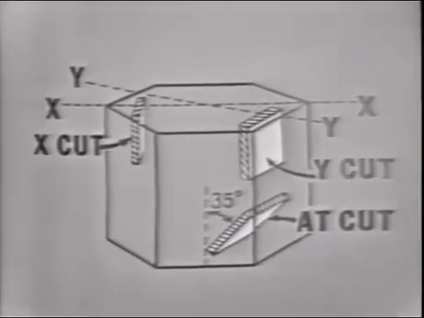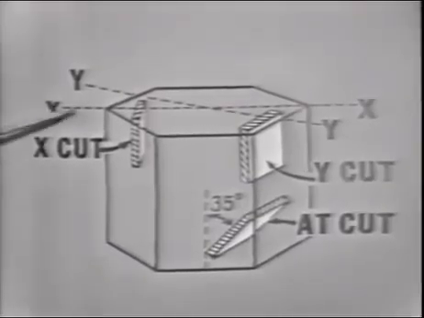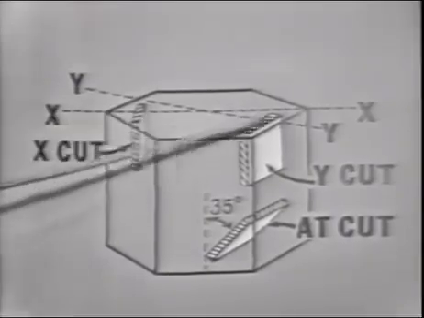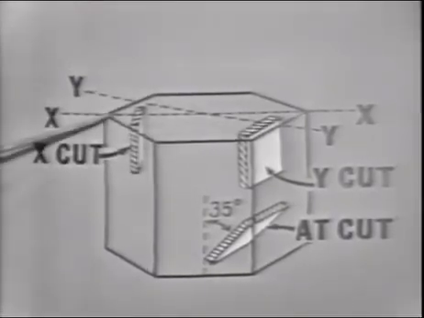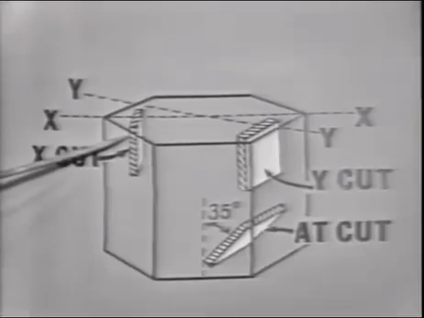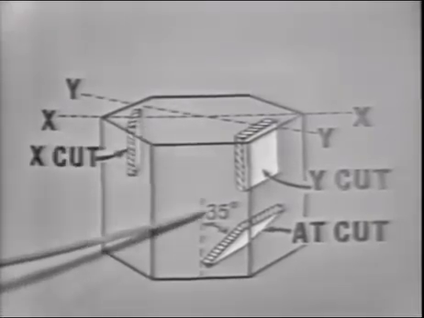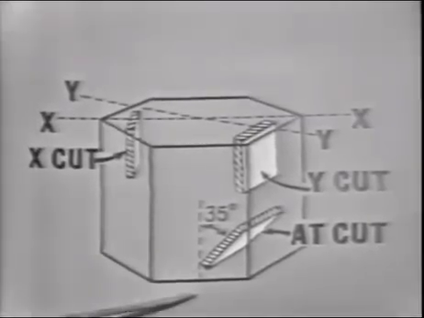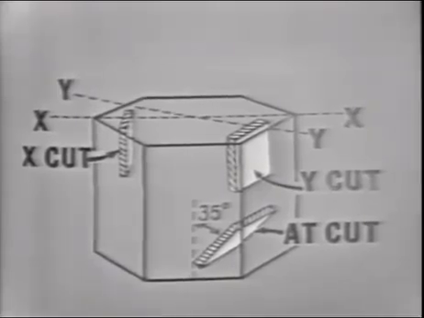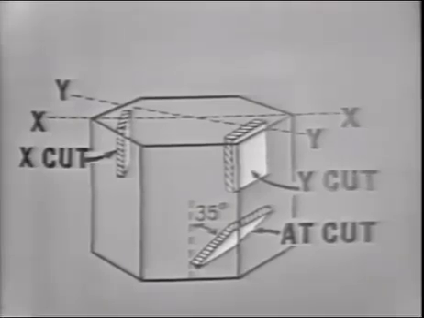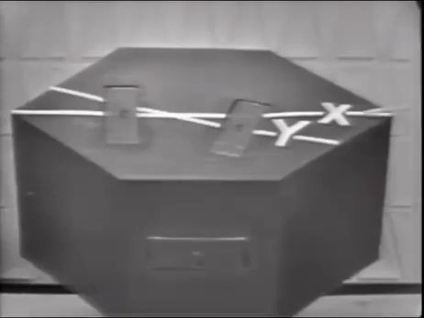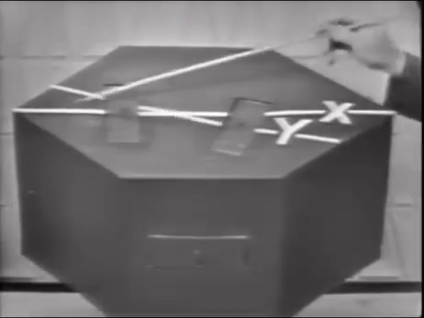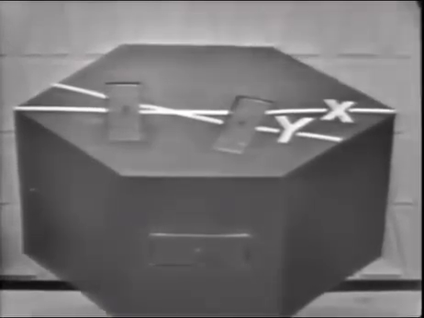The first cut is made perpendicular to the x-axis, which you will recall passed through the corners of the crystal, perpendicular to that axis and parallel to the z-axis. To get a more realistic view of this cut, let's go to a mock-up. Remember, we're considering the x-axis passing through the corners of the crystal.